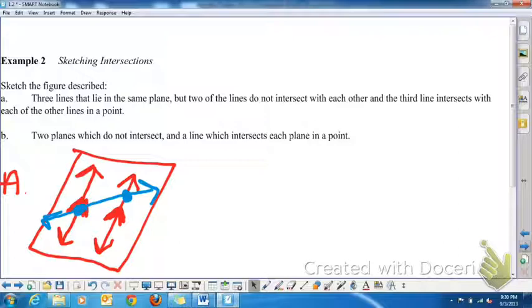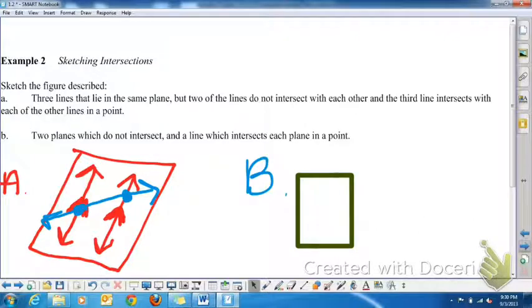And now let's do example B. Two planes which do not intersect and a line which intersects each plane in a point. It's more difficult to draw this kind of a thing because it's three-dimensional.